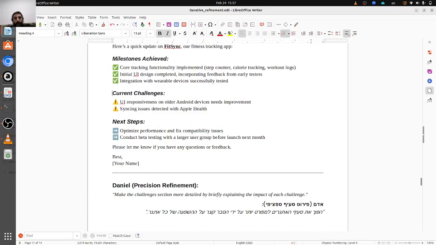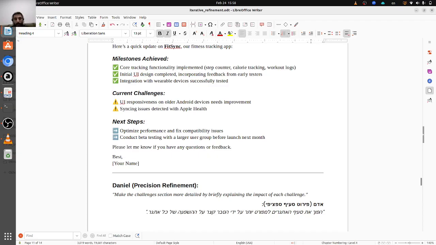So now, as Daniel takes a closer look at this version, he notices that in the current challenges section, each challenge is described in a very short form, and he believes that it might be difficult for the project manager to understand what exactly is the problem.